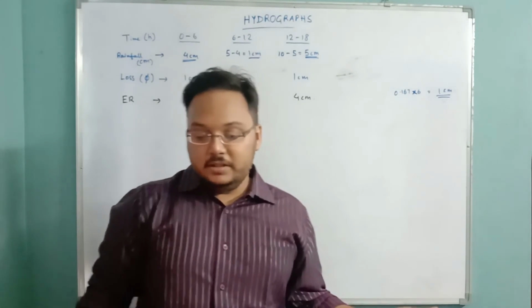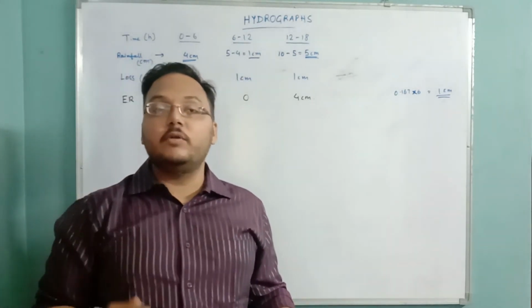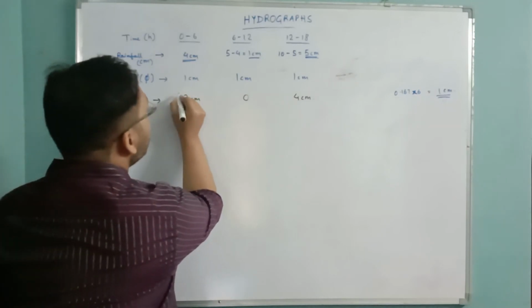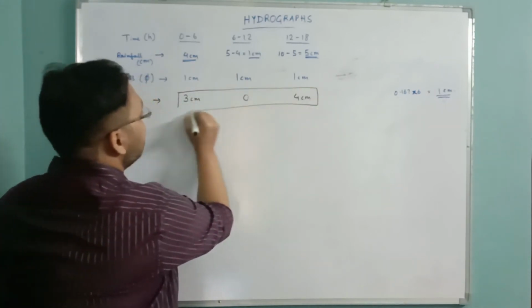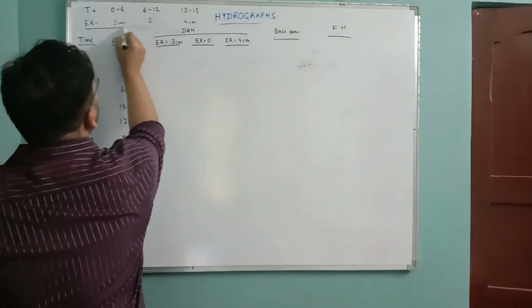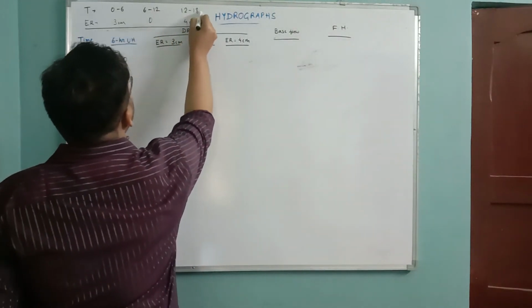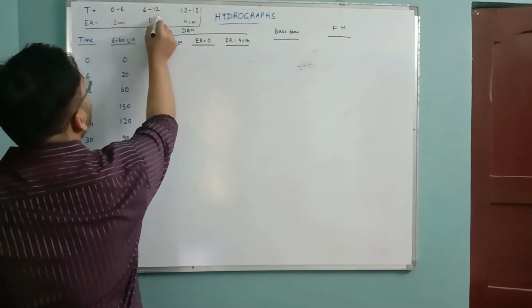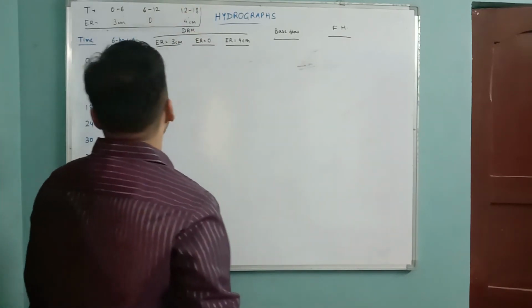And now in the next step we are going to calculate the flood hydrograph using these values. This is what we found out just now, the effective rainfall for the 6th, 12th and up to the 18th hour.